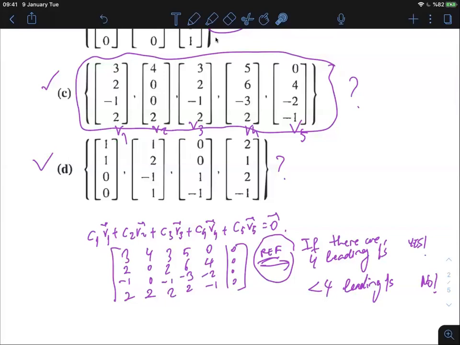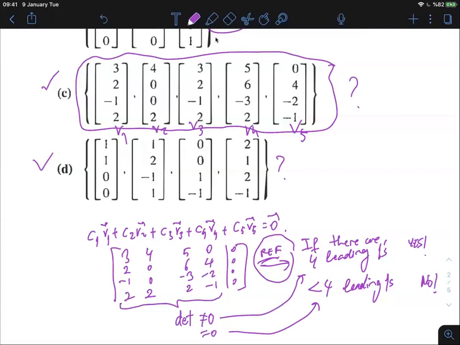If I erase this part, you get a 4x4 matrix here, right? So you can check this using determinants. If the determinant of the 4x4 matrix is non-zero, then the answer is yes. If the determinant is 0, the answer is no.